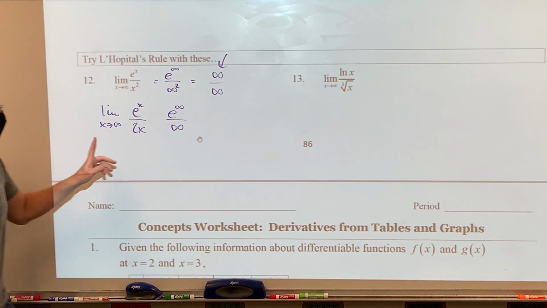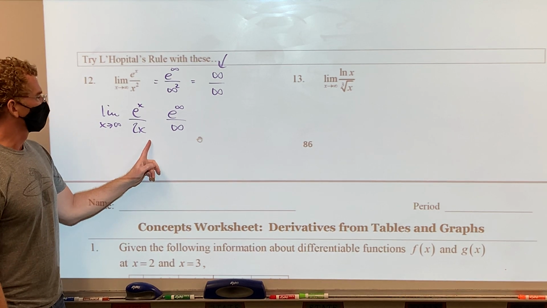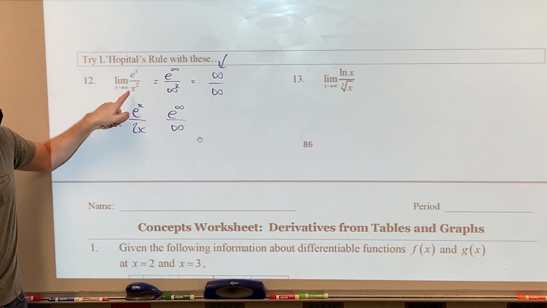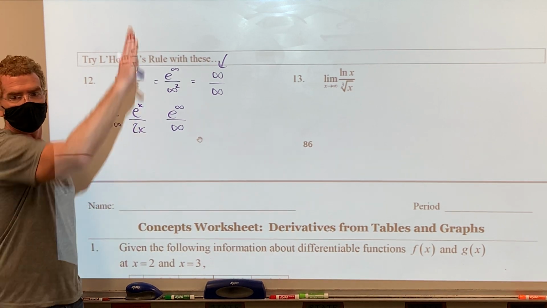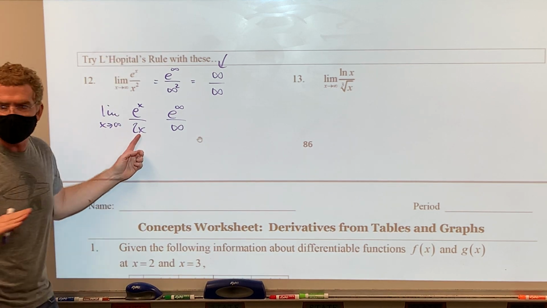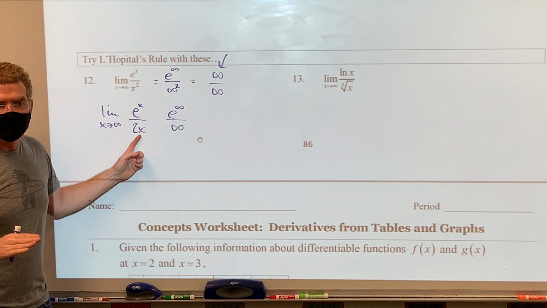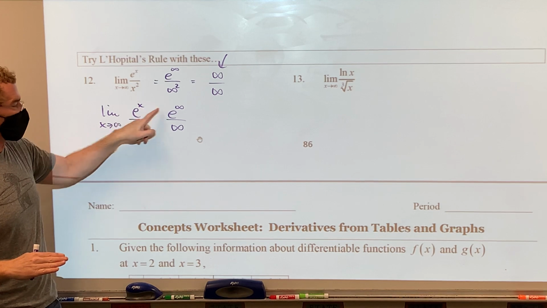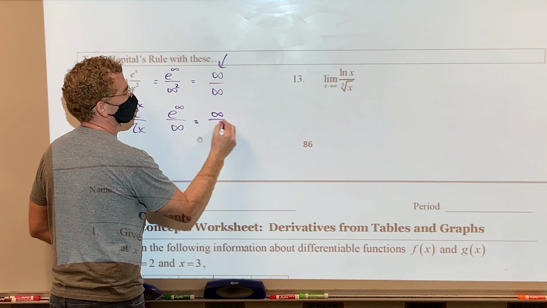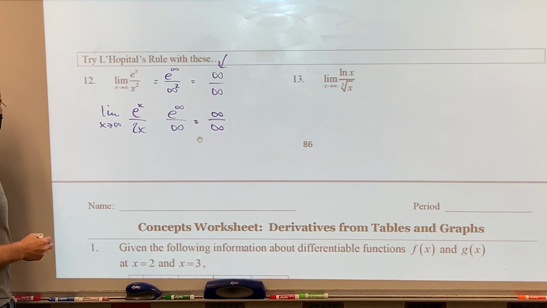But what's the difference between a 2 times infinity and an infinity squared? An x squared is doing what? It's getting up to infinity a little quicker than a 2x is, isn't it? So with the top part, the power didn't change. But I still have infinity over infinity, which means I can still do what? L'Hopital's.